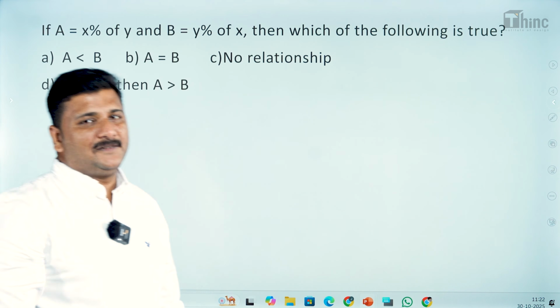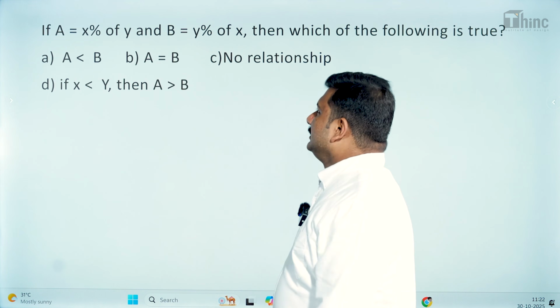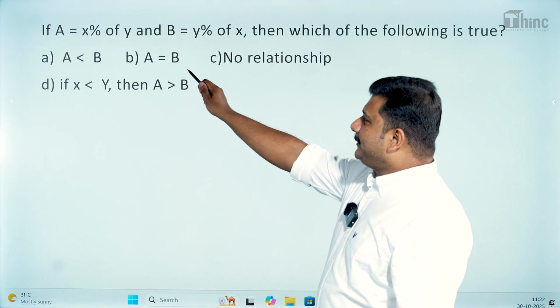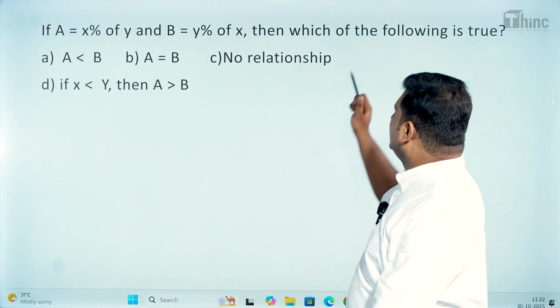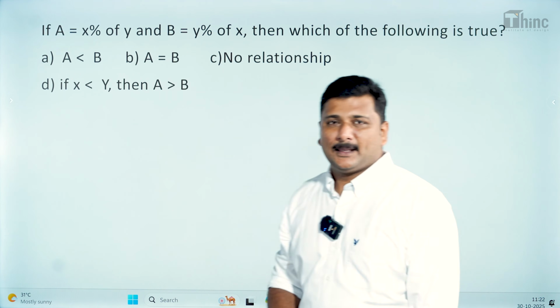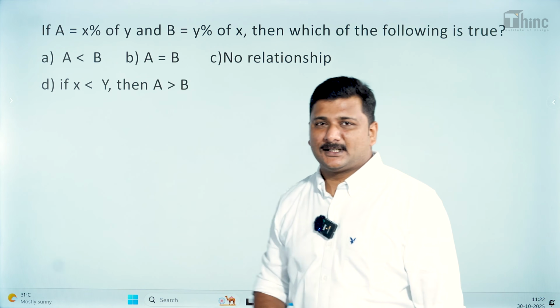This is something which is very useful for doing other questions also. What is the question asking us? X percentage of y is A, B is y percentage of x, then which of the following will be true? So A is x percentage of y and B is just the reverse. What is the reverse?